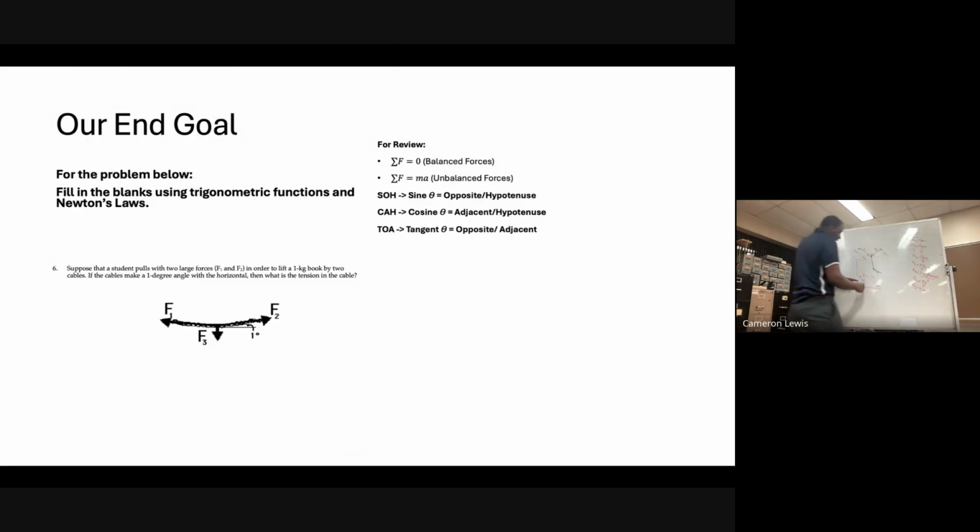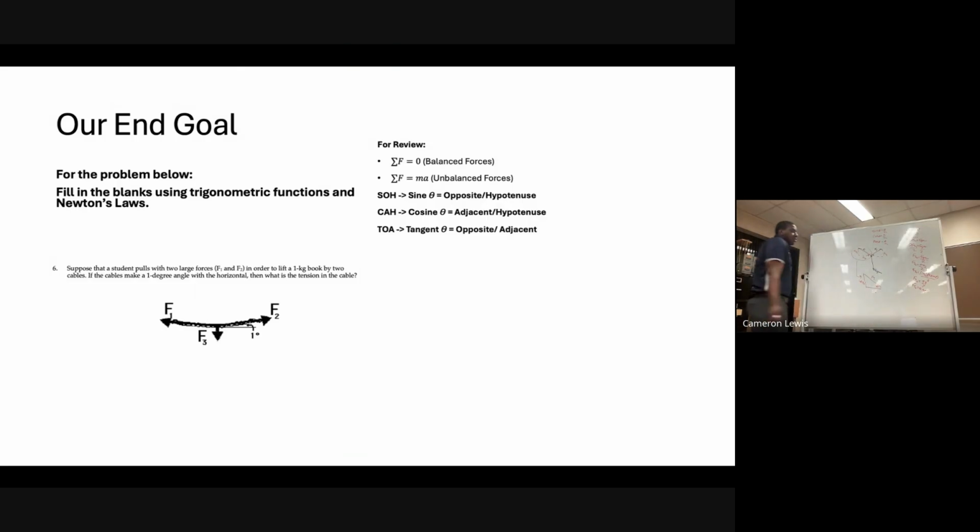So now I know that this FTY, all of this over here, right, is really equal to 4.9. So now all I have to do is use one of my trig functions to find out what my hypotenuse or tension is, right?